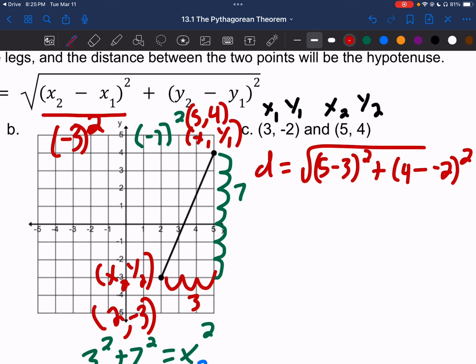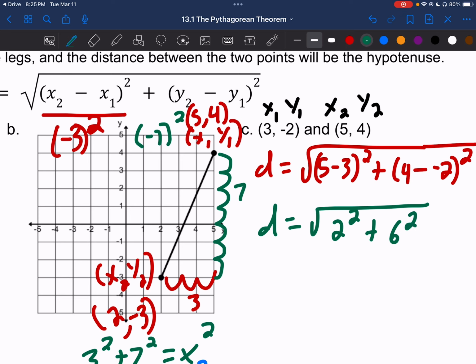So distance is equal to 5 minus 3 is 2 squared. We went 2 to the right. And 4 minus negative 2 is 6 squared. We went up 6. So our distance formula, we've got the square root. 2 squared is 4. 6 squared is 36.